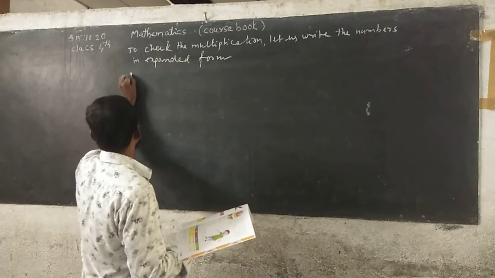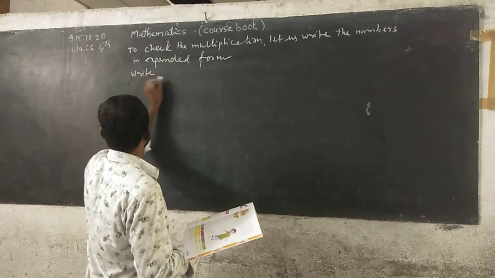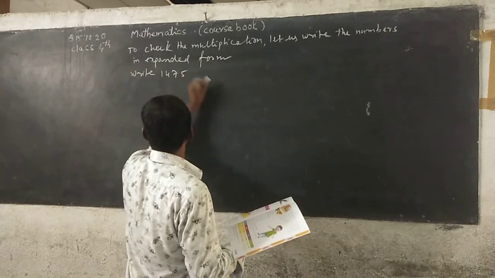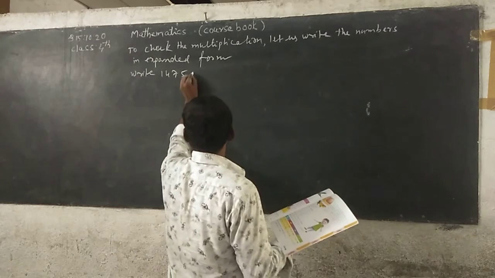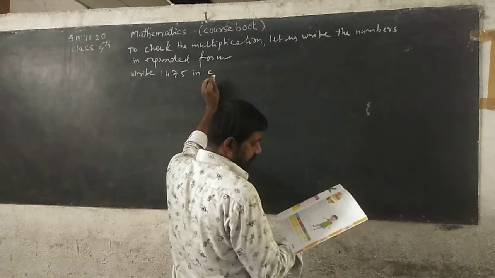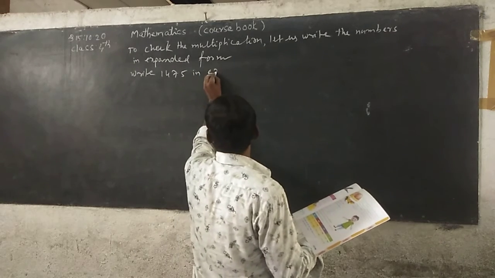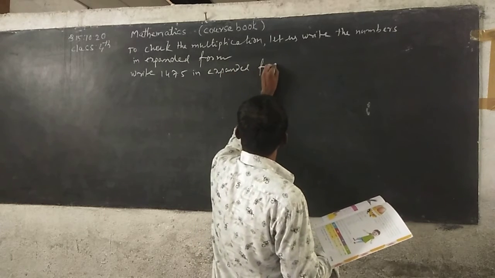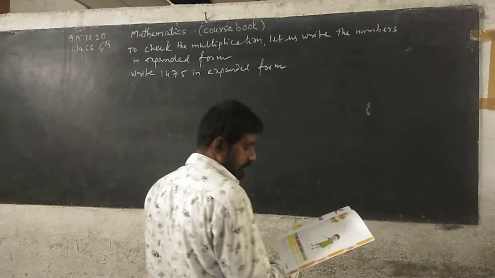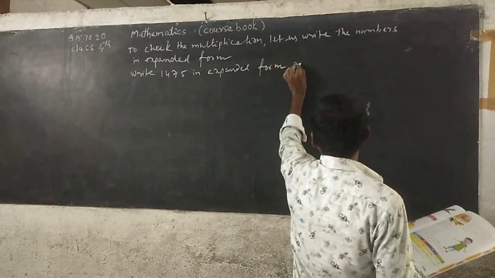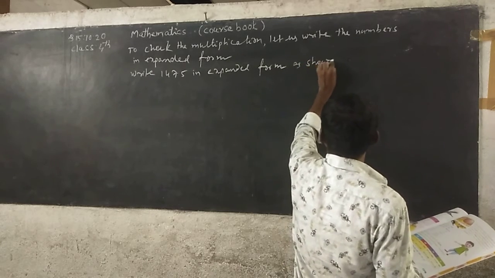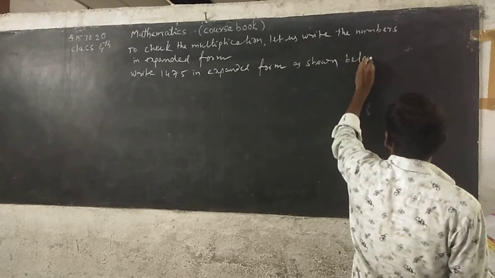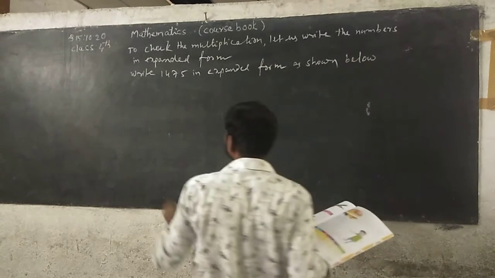See here, write 1,475 in expanded form, as shown below. See here, very simple.